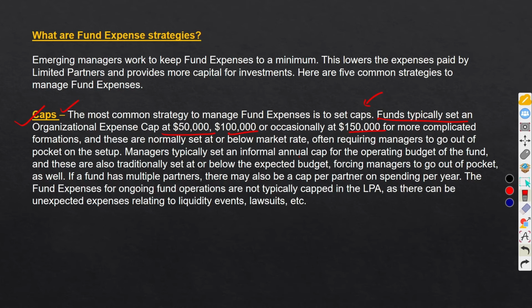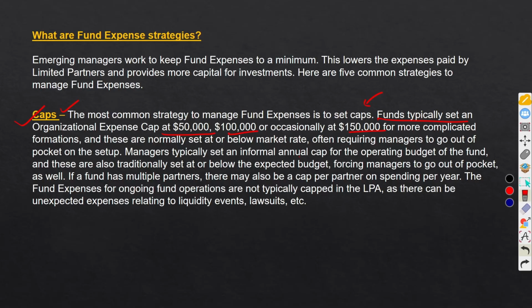These are normally set at or below market rate, often requiring managers to go out of pocket on the setup as well. Managers typically set an informal annual cap for the operating budget of the fund, also traditionally set at or below the expected budget, forcing managers to go out of pocket as well. If a fund has multiple partners, there may also be a cap per partner or on spending per year.